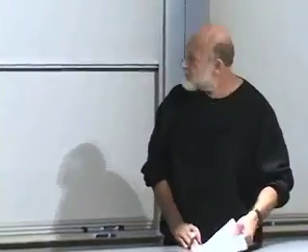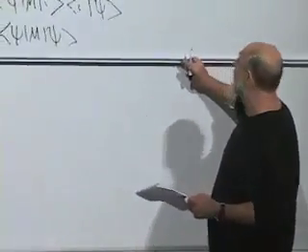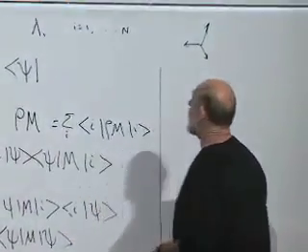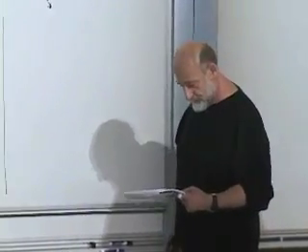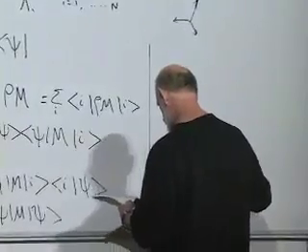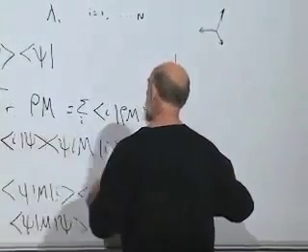Okay, let's take the more general case when we don't have a pure state, and see what we get. So again, we have to take the trace of rho m.